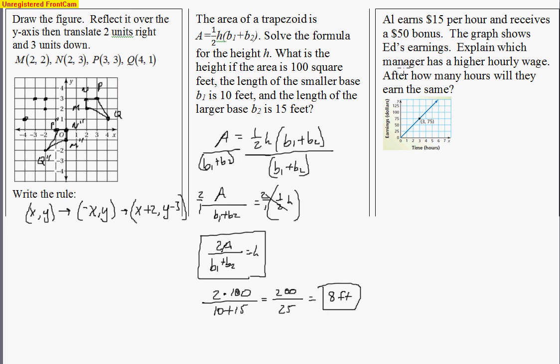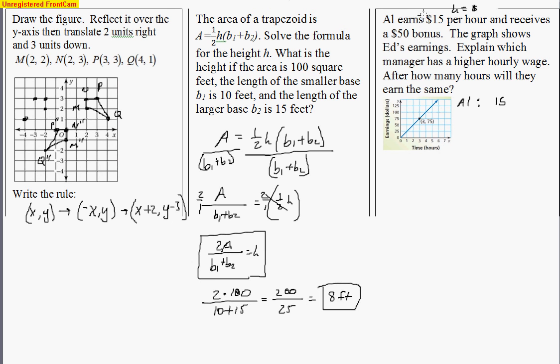So for the last one here, it says that Al earns $15 an hour and receives a $50 bonus. So Al's equation is this. Maybe I'll say 15h. H is the number of hours.